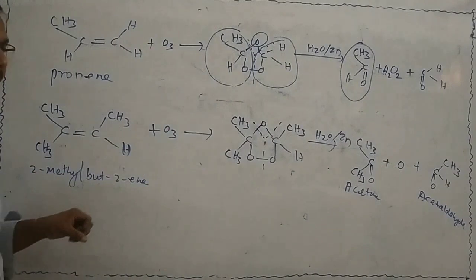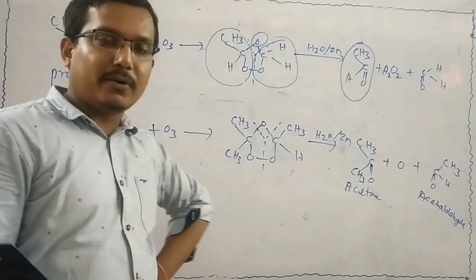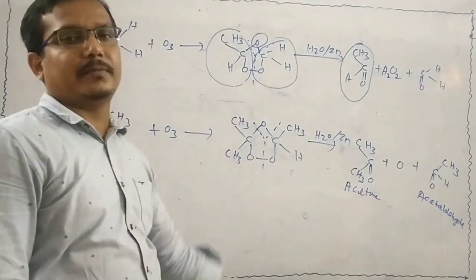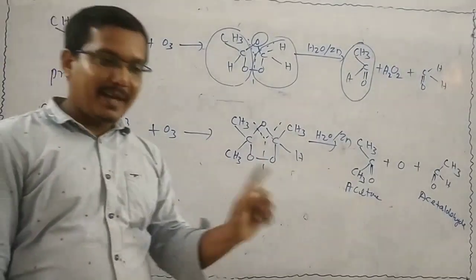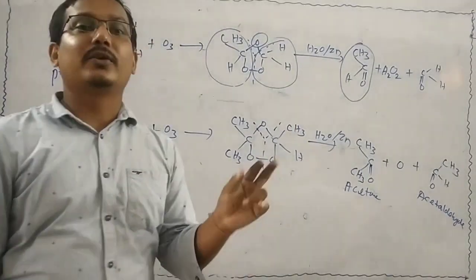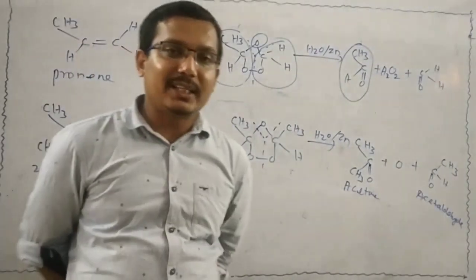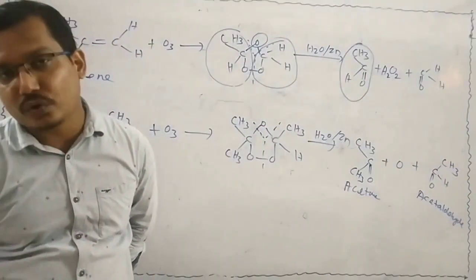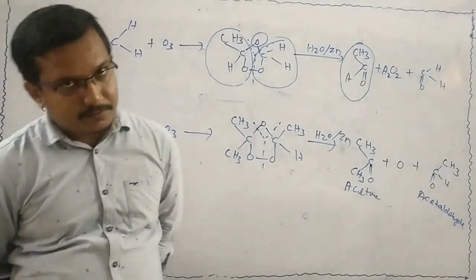Let me explain. From the ozonolysis of unsymmetrical alkenes, it is found that there is no single aldehyde or ketone. Maybe two different types of aldehyde, maybe aldehyde and ketone, maybe two different types of ketone. Finally we can conclude that when a symmetrical alkene undergoes ozonolysis, a single aldehyde or ketone is formed.